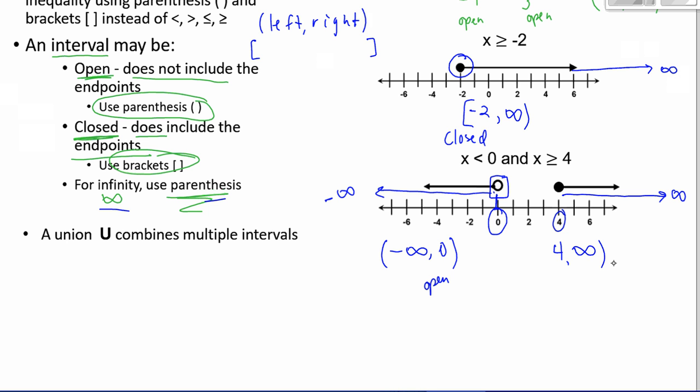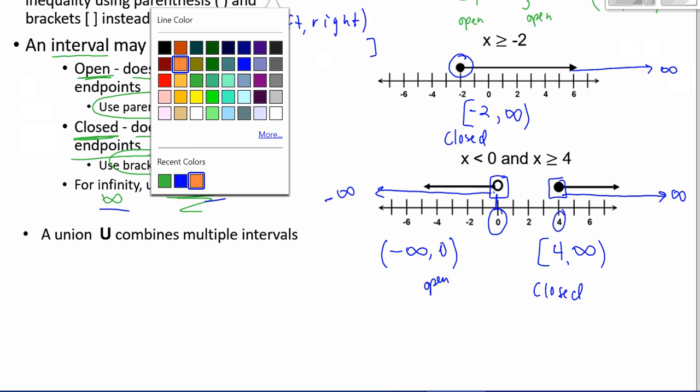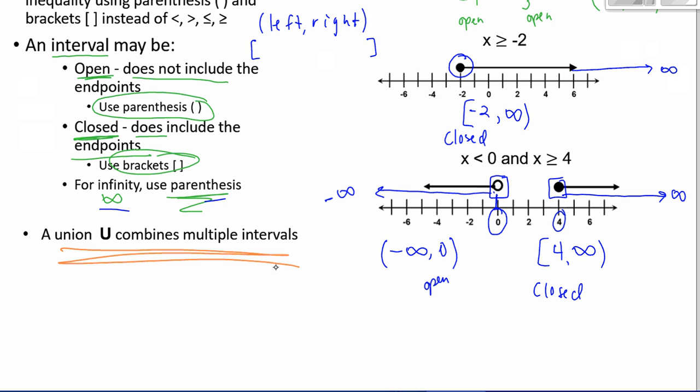Infinity is always parentheses. You look at the 4 and see that one's closed. It's colored in, which means there's a bracket. And the final thing to put in there, since there are two intervals, is this U-looking thing in between, and that lets us know that they're unioned, or that those two go together.